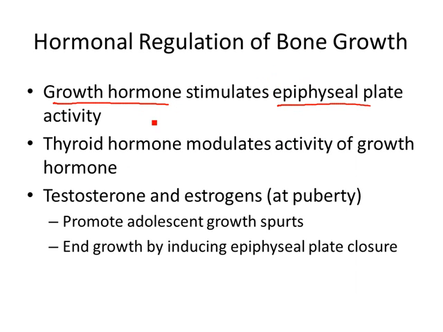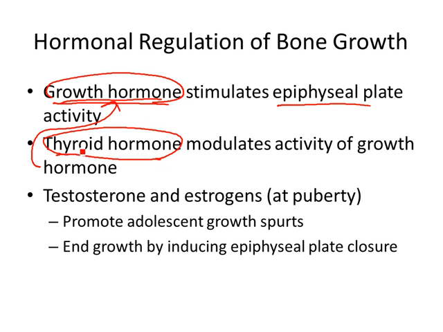Thyroid hormone also modulates growth hormone. So if you have a thyroid problem as an adolescent, it may be changing how much growth hormone you're producing. If you're too short or too tall, it may not have actually been the growth hormone that was messed up. It could have been the thyroid hormone that was causing the effect.